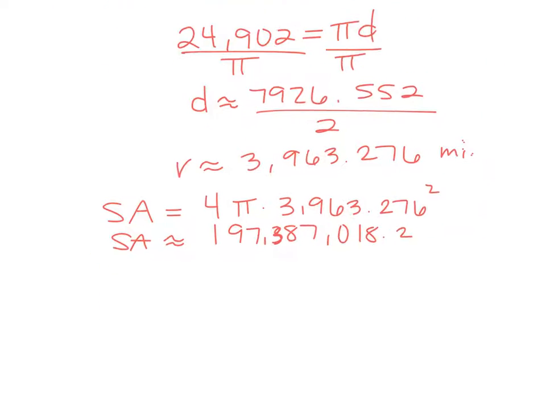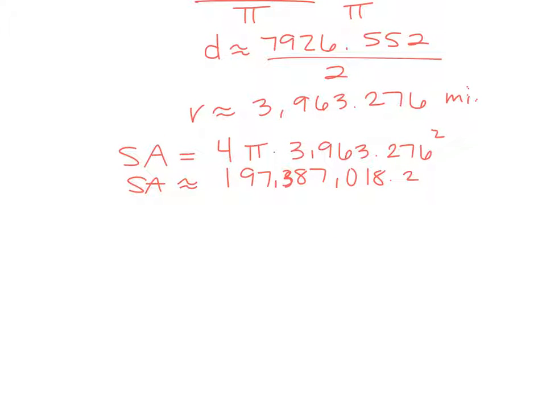If they said round this to the nearest 100,000 square miles, what number is that? 1, 9, 7, and that 3 is going to round up to a 4. So to the nearest 100,000 square miles, the surface area of Earth is 197,400 square miles. That's a whole lot of surface area.